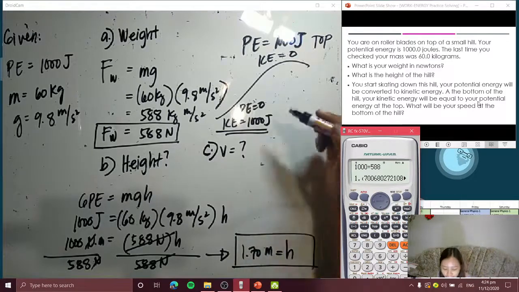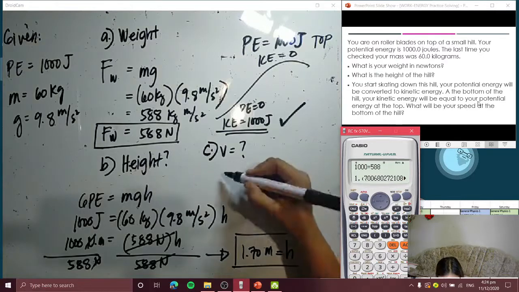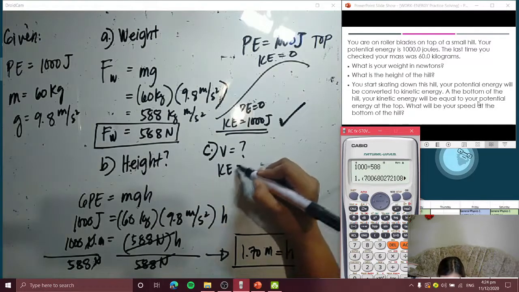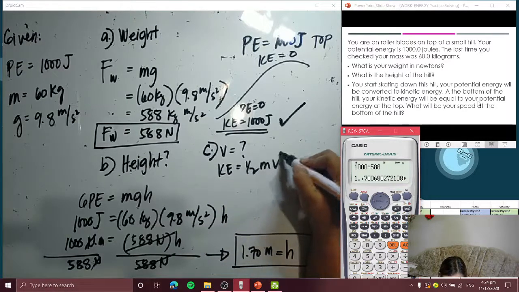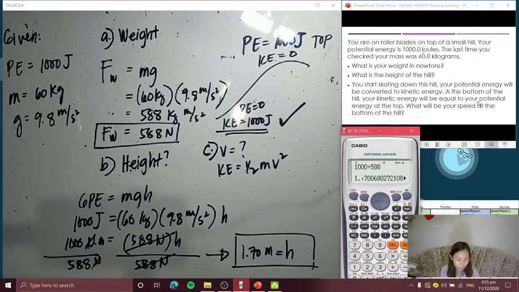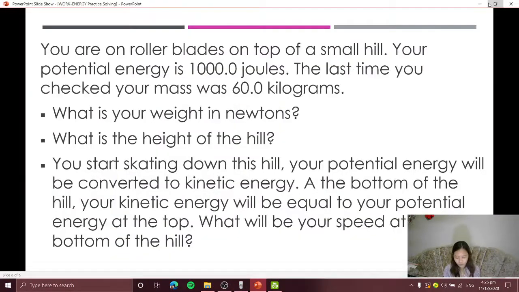So, this is the value we will use, and we're going to use our KE is equal to 1/2 mv squared equation to get our velocity. Okay, so before we solve for the velocity, let me just rewrite here our equation, so it is clear to all of us.